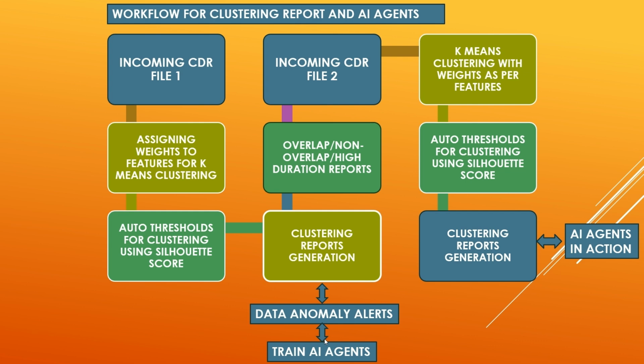So now you can understand that instead of taking a record out of clustering report generation, we have placed the AI agents parallel to the processing of data. The same data is coming to clustering reports, and the same data is coming to train AI agents if they qualify the data anomaly alerts.